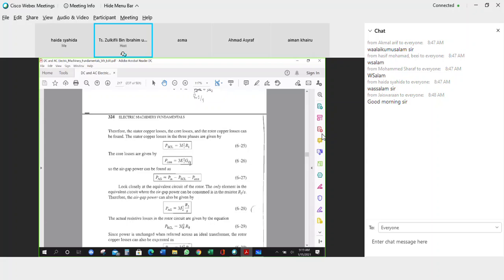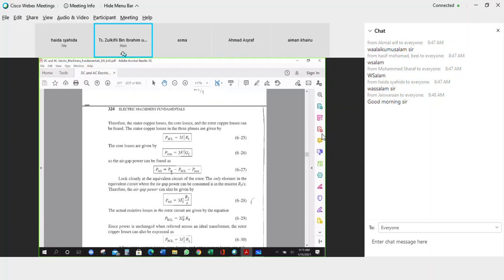Then the air gap power is just the input minus the stator copper losses and also the core losses. And you can relate the air gap power to the rotor current.